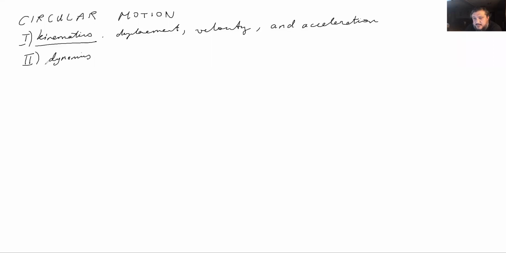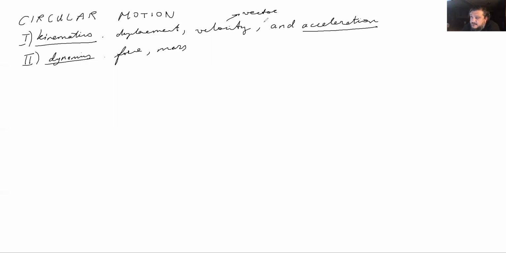So when you start thinking about things like force and mass, what is the source of the acceleration? Acceleration is defined as the change in velocity. Velocity is a vector, and it may change in a couple of ways, being a vector, which is a quantity with a direction and magnitude.